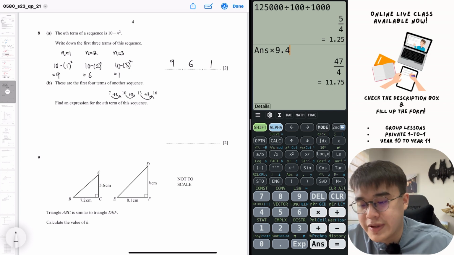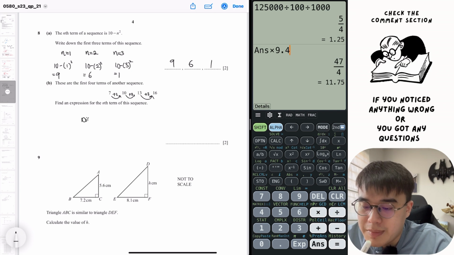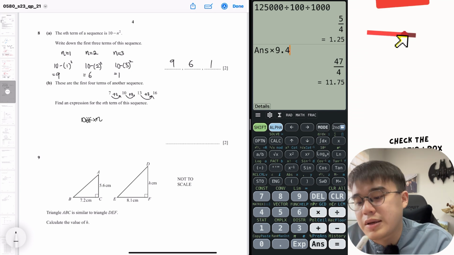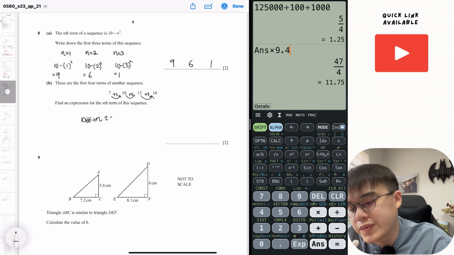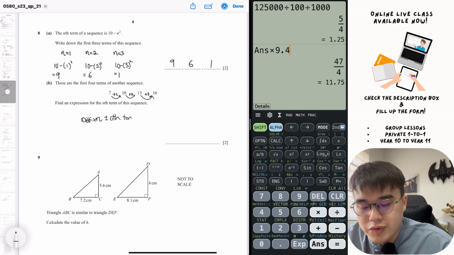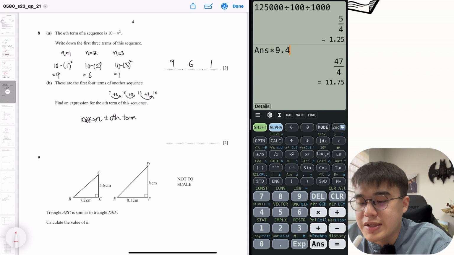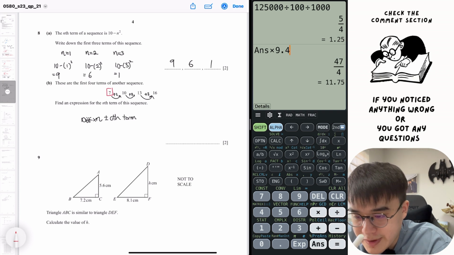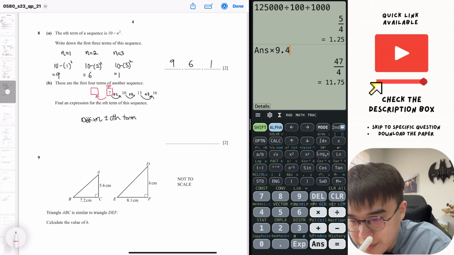So when it comes to an arithmetic sequence, all you need to do is to take the difference, multiply with the n, and then I have to put a 0 term. For those who are not aware of what I mean, 0 term means this one is first, and then they want you to work it out and find the 0 term.